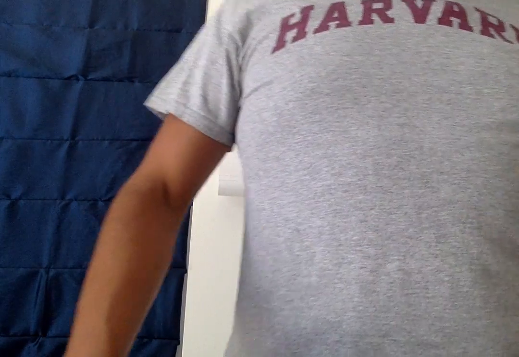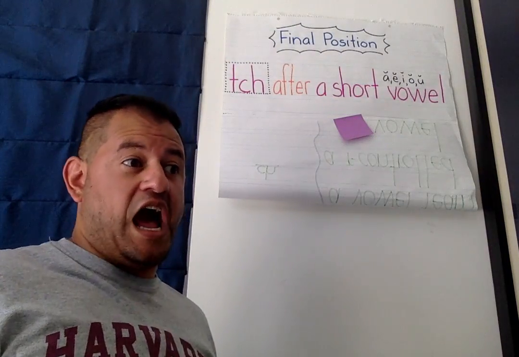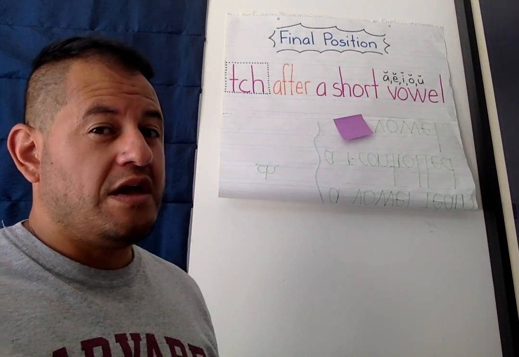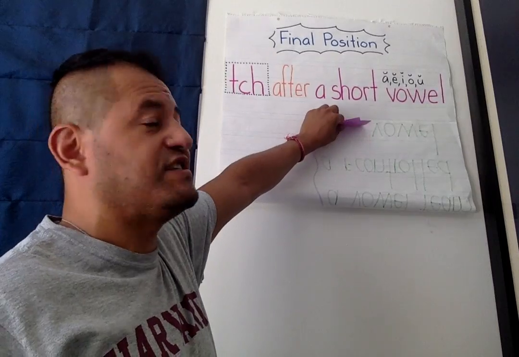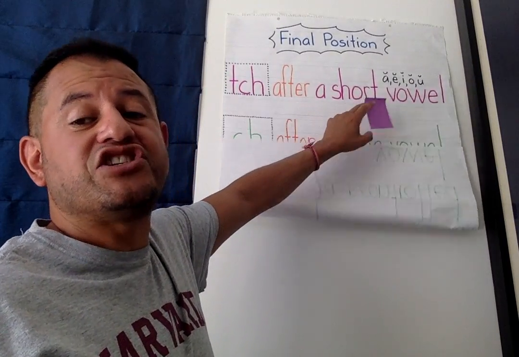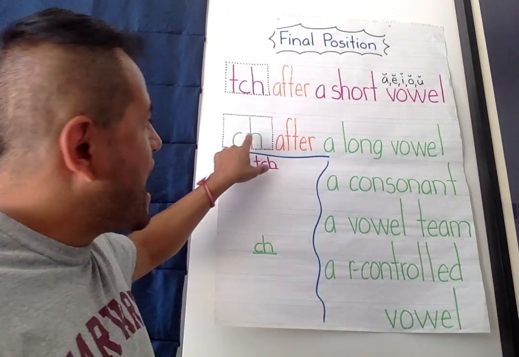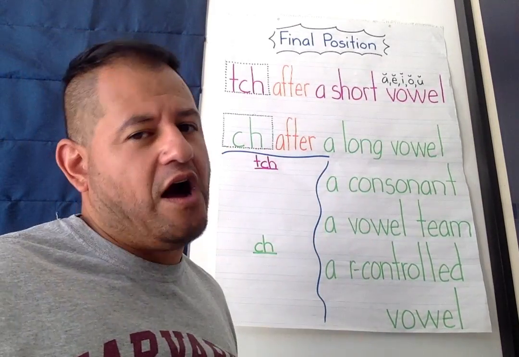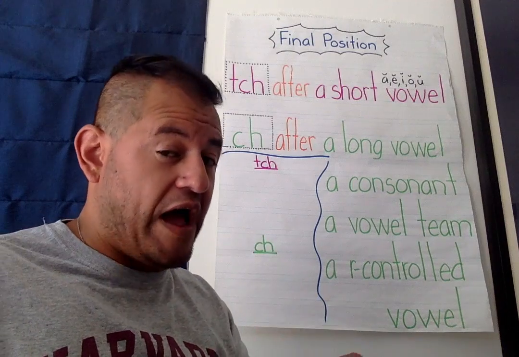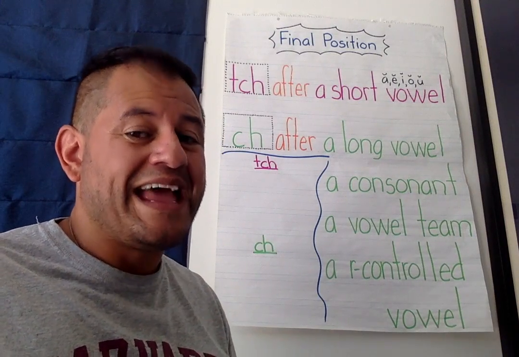So, let's say our word doesn't have a short vowel sound. It's going to use the other spelling of CH. Okay? So we will use CH after the long vowel. Now we know the long vowel is when the vowel says its name.